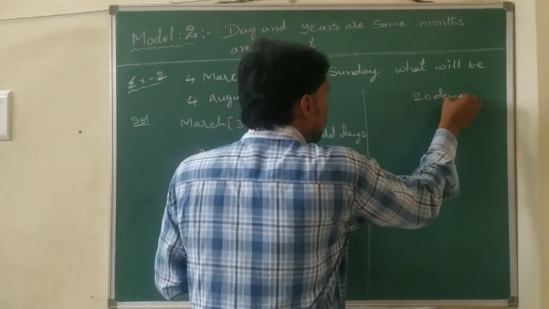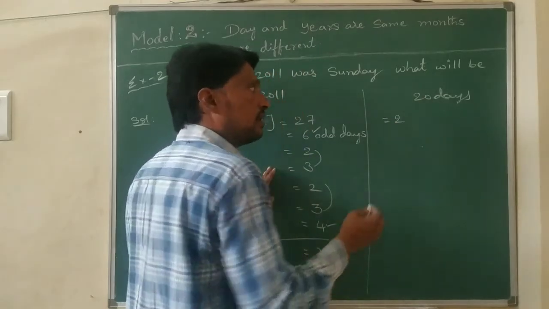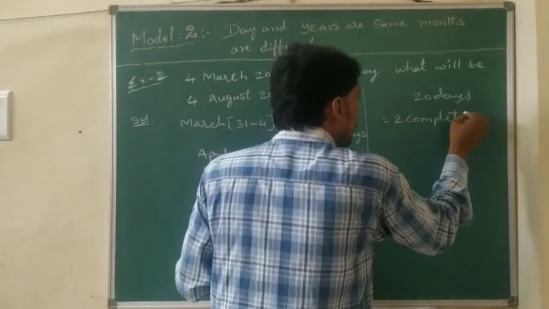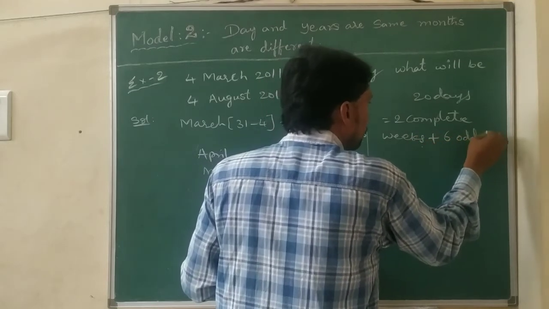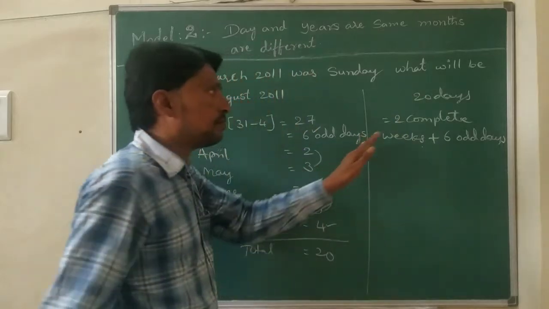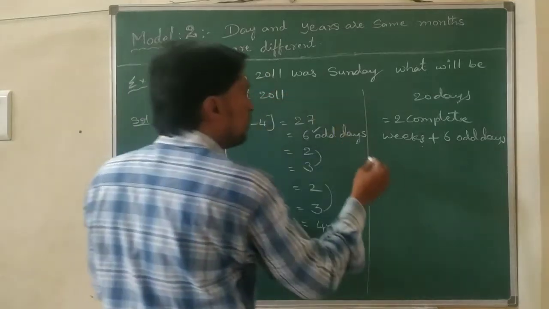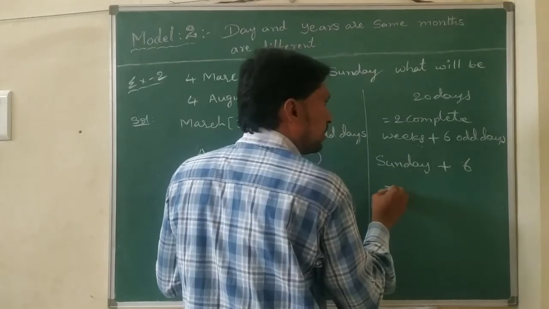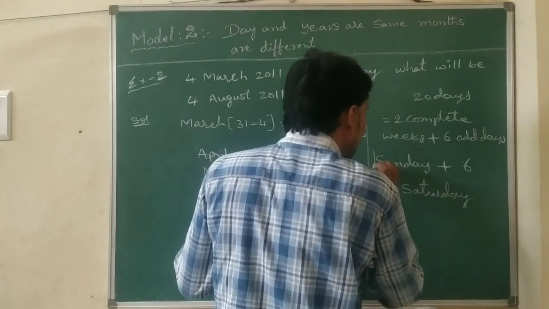We divide 20 by 7, 7 twos are 14, so 2 complete weeks plus 6 odd days. So 4th March 2011 was Sunday, Sunday plus 6 is Saturday. That will be Saturday.